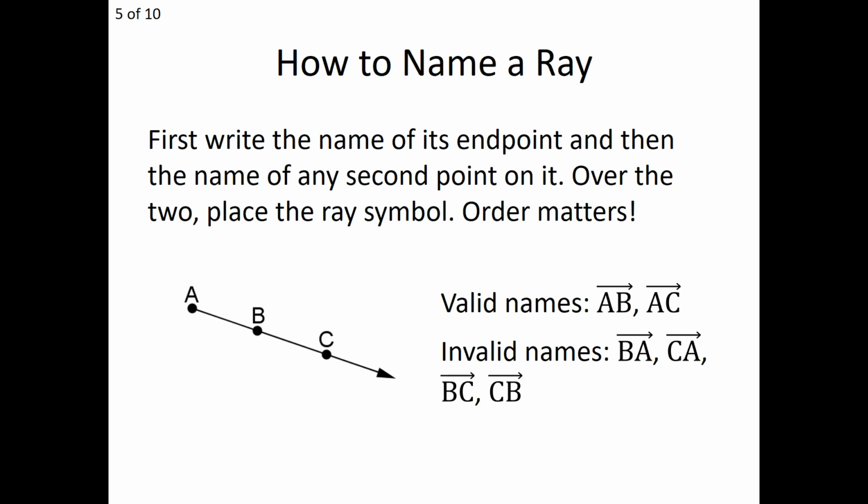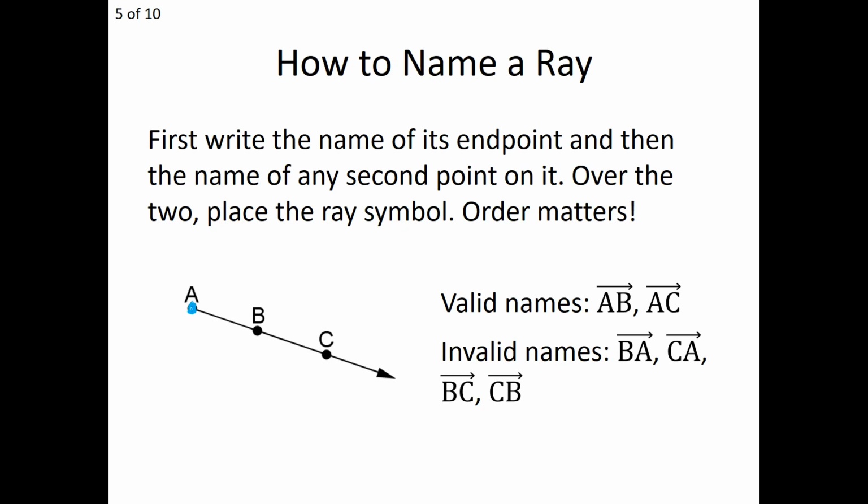Then you pick a letter, or a point, that is in the direction that the ray is going. So for example, in our figure below, there are two valid ways we can name this ray. We start by picking the endpoint. We start here at point A, and then we choose a second point that's in the direction the ray is pointing.